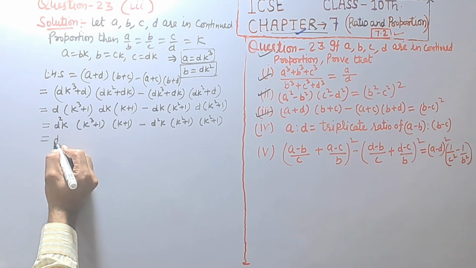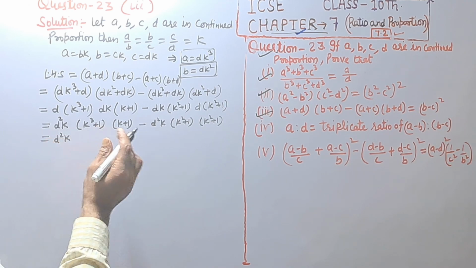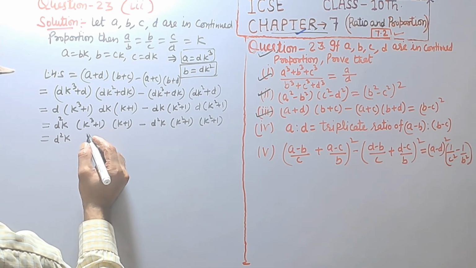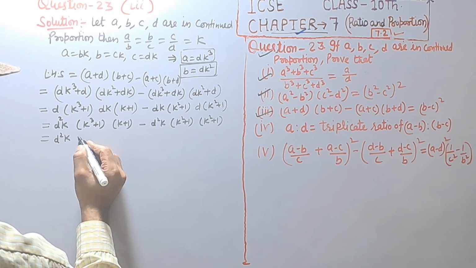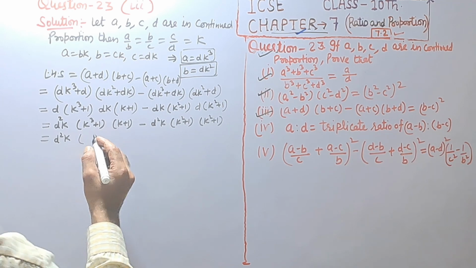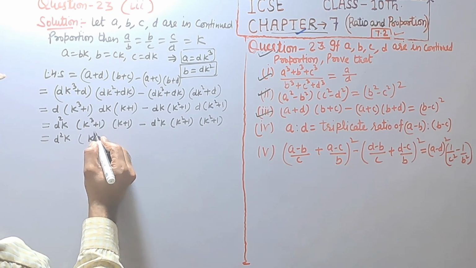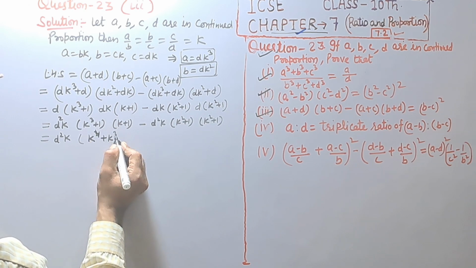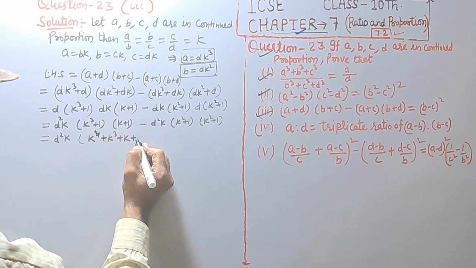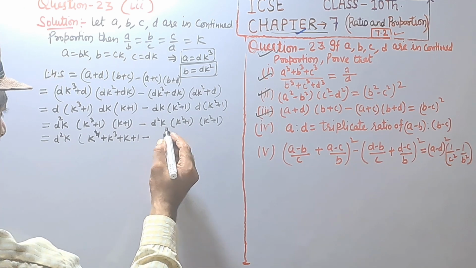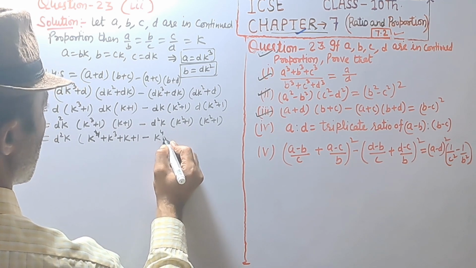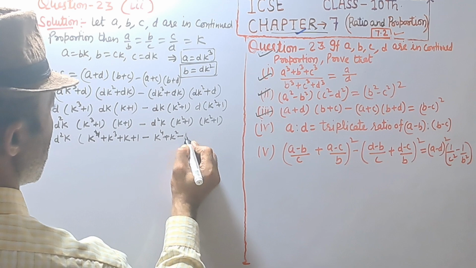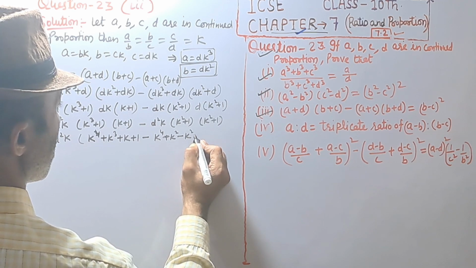We are taking common d²k in bracket, we get k⁴ + k³ + k + 1 minus (k⁴ + k² + k² + 1).